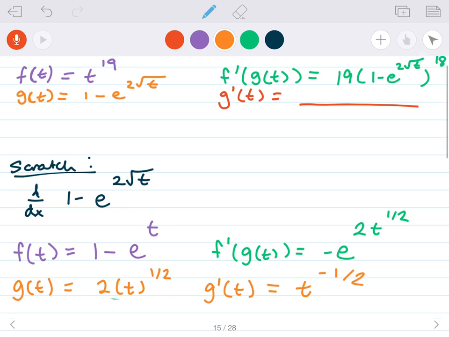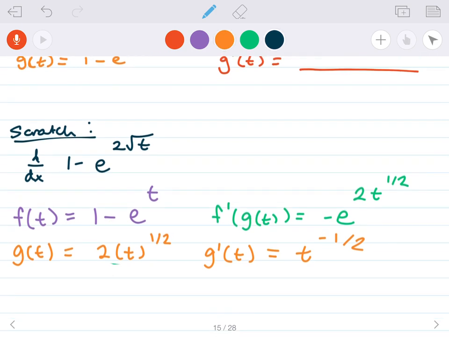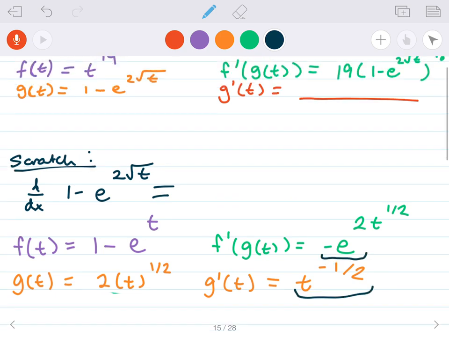All right. So all together, this guy, remember chain tells me multiply this by this. And so what I have is negative e to the 2t to the 1/2 times t to the negative 1/2.